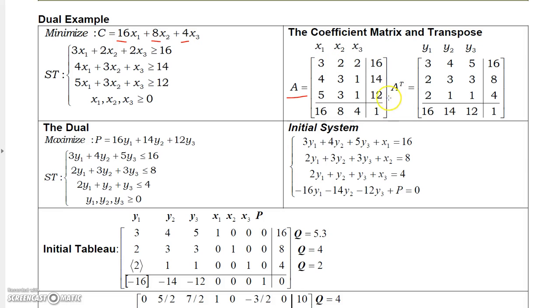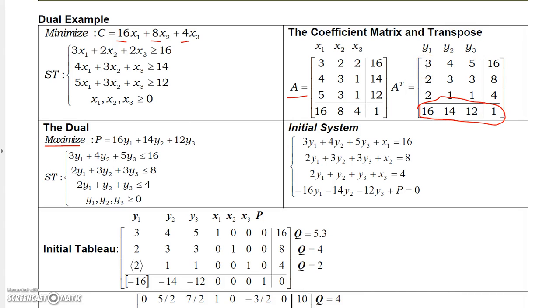And then I transpose this, and by now you know how to transpose it. When you transpose it, you're going to get this matrix. And then from this matrix, we look at the bottom row to get our objective function. So our objective function is going to be maximize P equals 16y1 plus 14y2 plus 12y3. So that's over here. And then the other 3 rows represent my constraints.